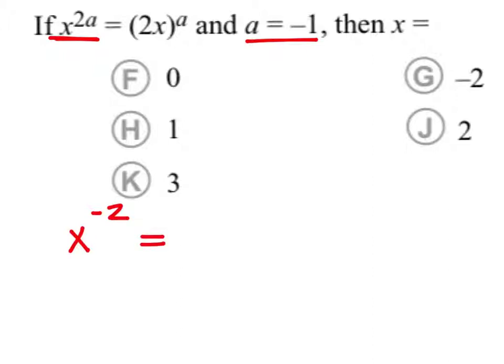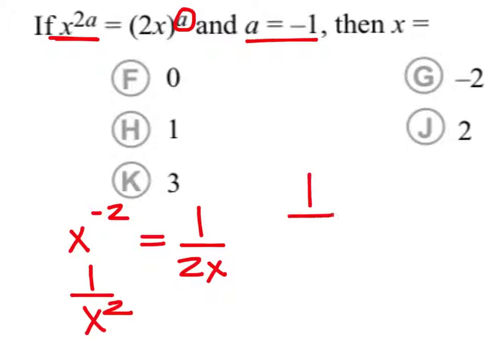And then across from that, the a power here is negative 1, so that's going to make this 1 over 2x. Now if we simplify the x to the negative second, that's 1 over x squared. Since these are equivalent, you're going to have 1 over x squared equals 1 over 2x.